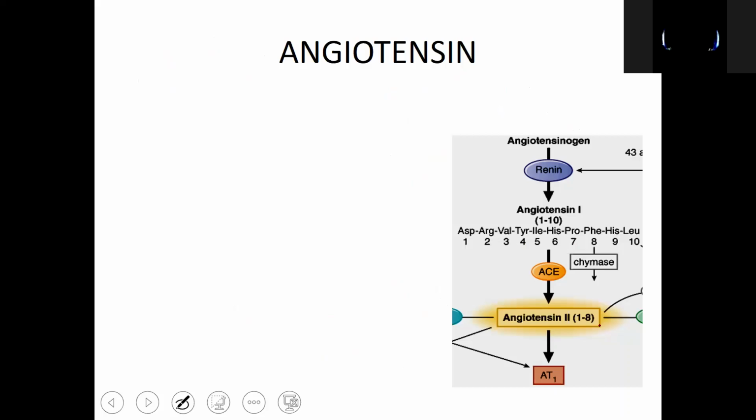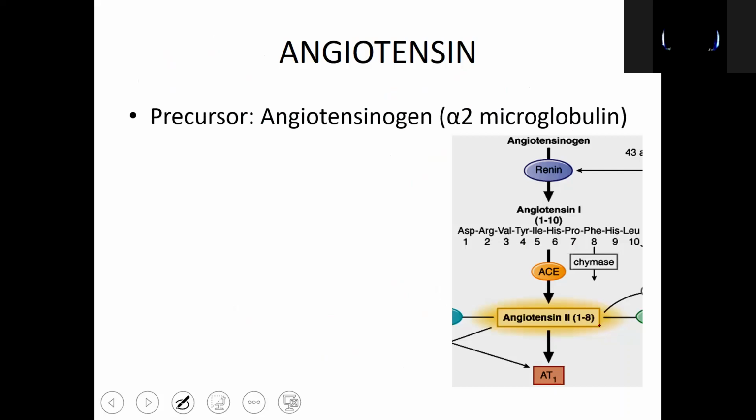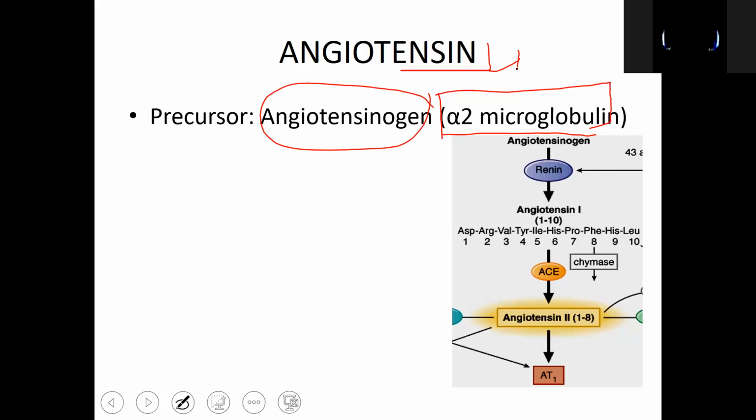Angiotensin usually comes from one plasma protein. The precursor of angiotensin is angiotensinogen, that is alpha 2 microglobulin, present in the plasma, possibly synthesized by the liver. So alpha 2 microglobulin is angiotensinogen.